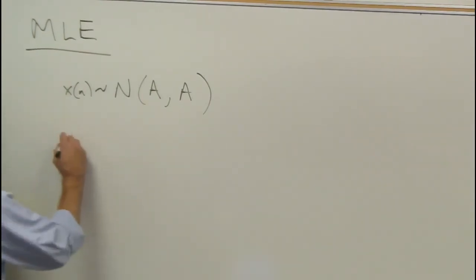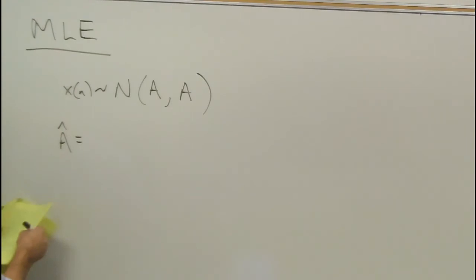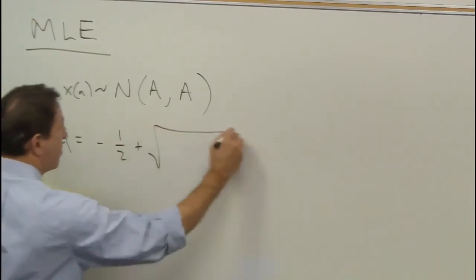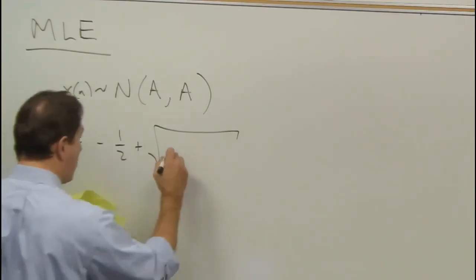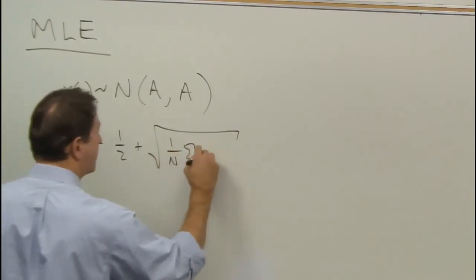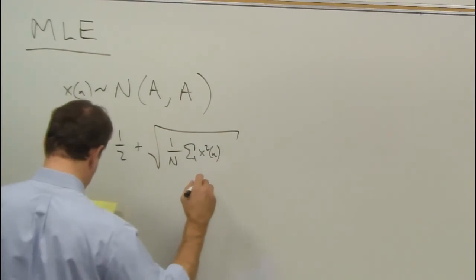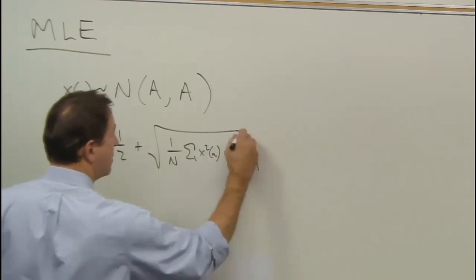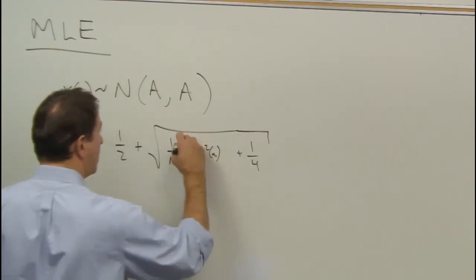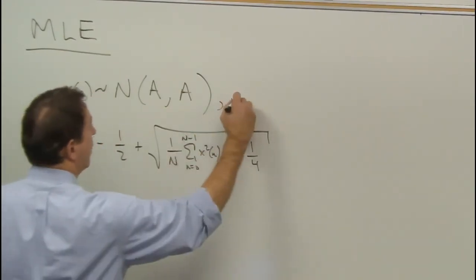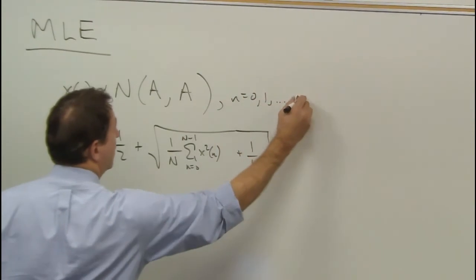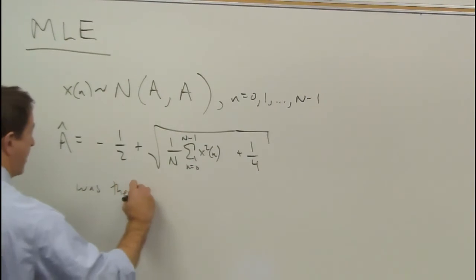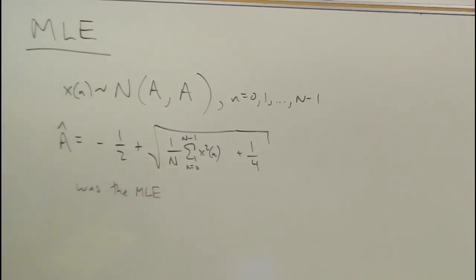A hat equal to minus a half plus the square root of 1 over n times the sum of the squared values of x plus a quarter was the maximum likelihood estimate, right?